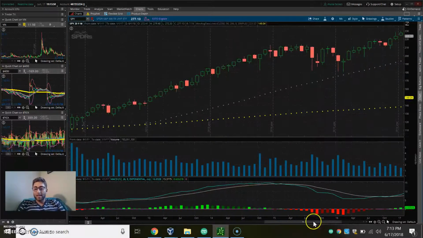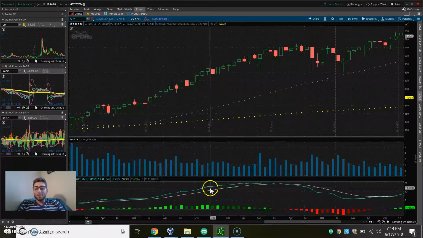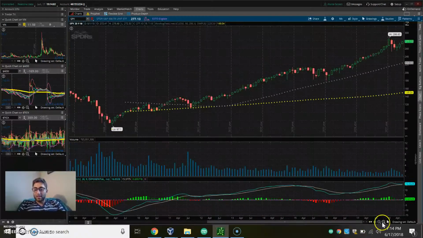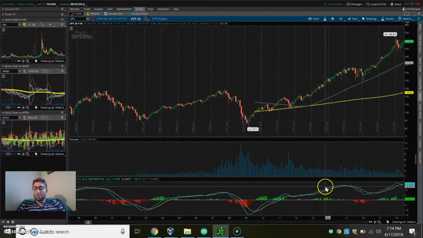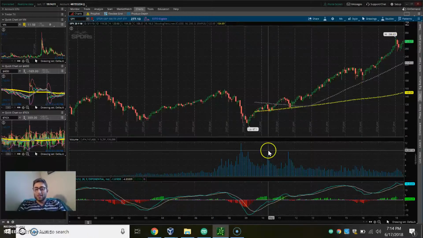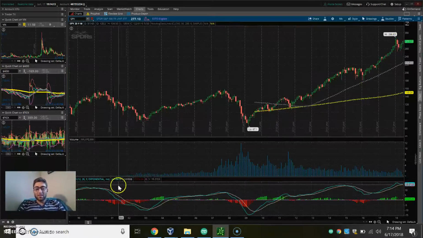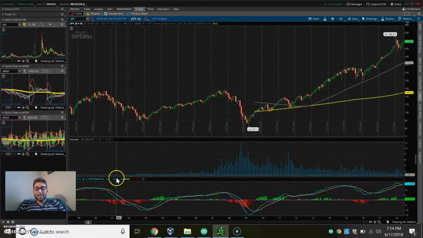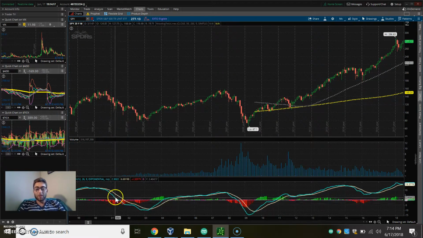But if I go back, you can kind of see we don't get too far apart on the MACD in any of these months, which is a good sign if you want to continue in a trend. Once the two lines get really far apart, that is where the money's to be made, in my opinion.